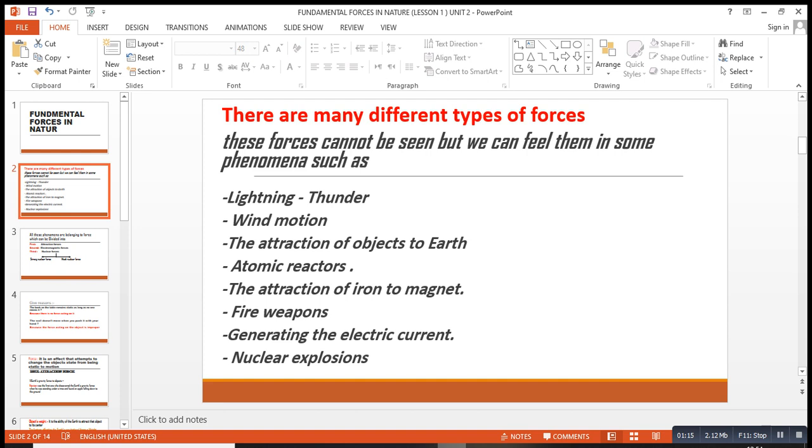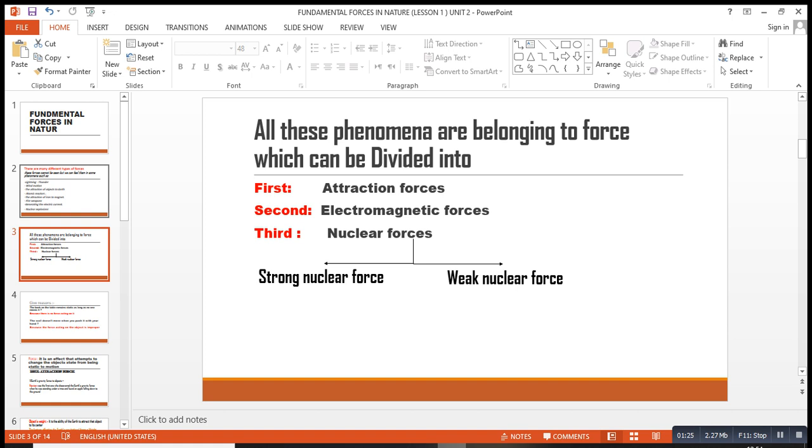All these phenomena belong to forces, and we are going to study three types: attraction force, electromagnetic force, and nuclear force. The nuclear force is divided into strong nuclear force and weak nuclear force.